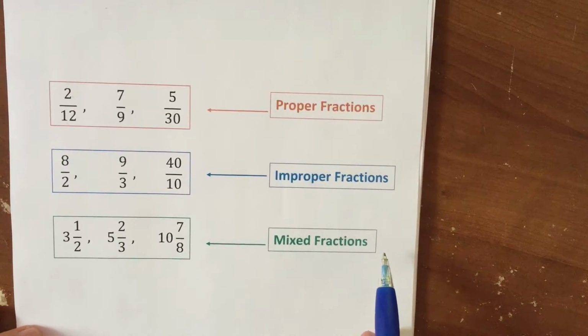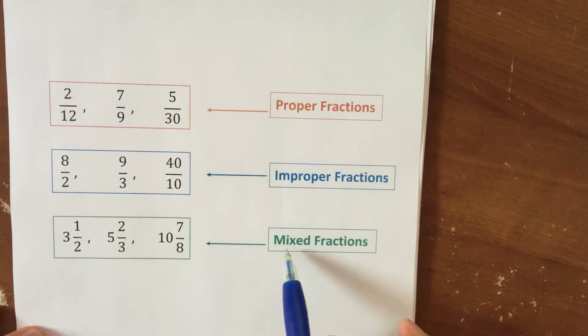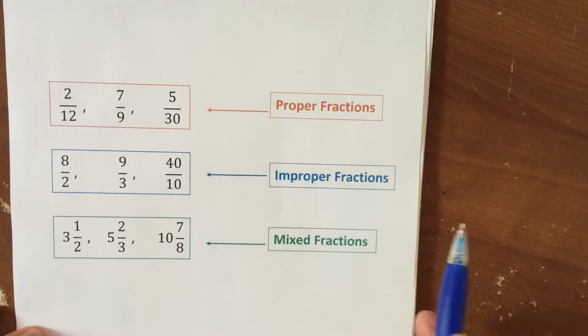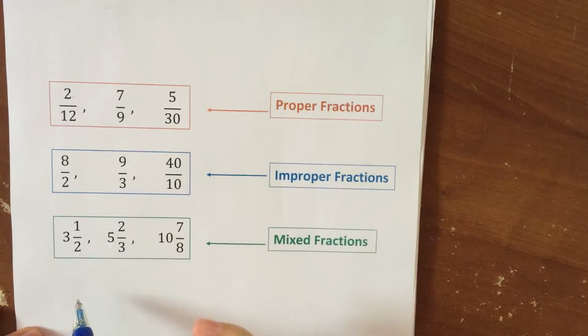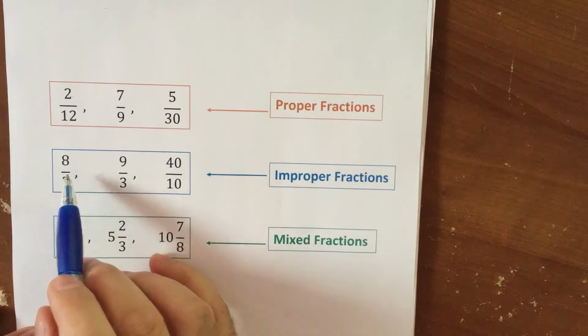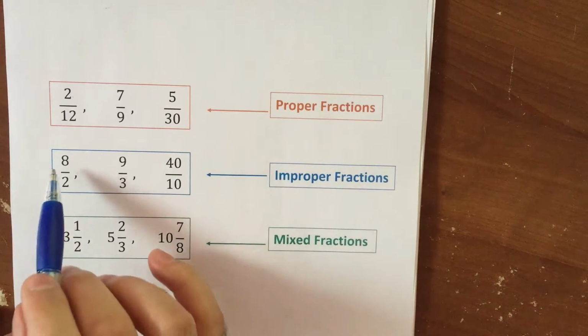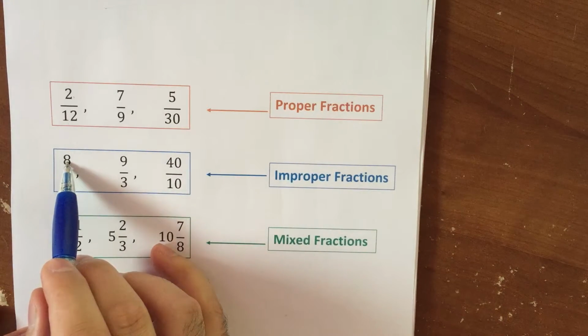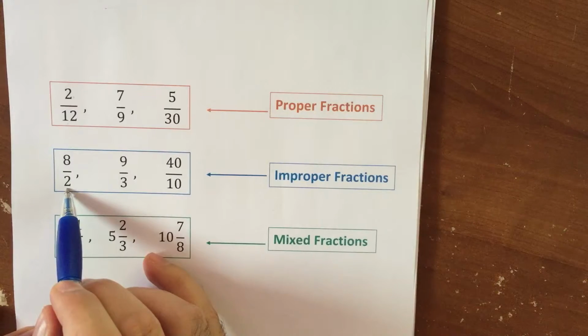An improper fraction is basically a mixed fraction, or these two are basically the same, it's just a different way of representing it. An improper fraction is one where the numerator is greater than the denominator.